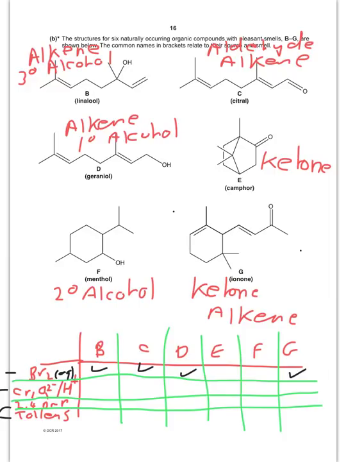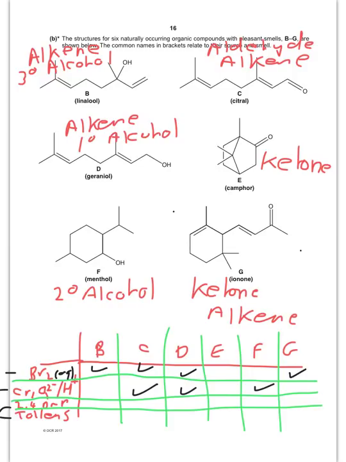So, what will that react with? Well, it won't react with B because that's a tertiary alcohol. Oh, it will react with an aldehyde to make a carboxylic acid, so it will react with C. It will also react with D because that is a primary alcohol. It won't react with a ketone because ketones can't be oxidized. F, it will react with a secondary alcohol to produce a ketone, so it will react with F. How about with G? No, it won't react with ketones.